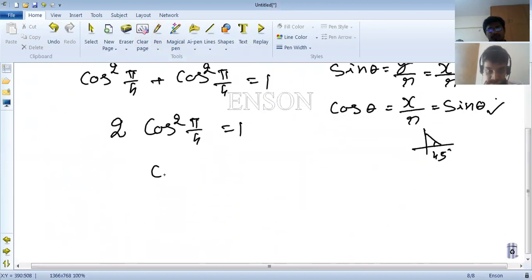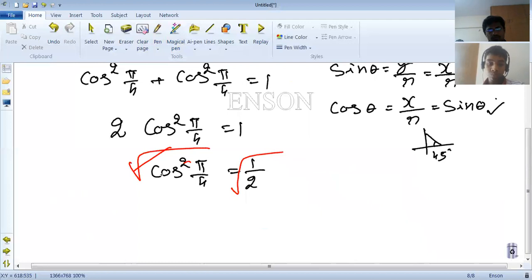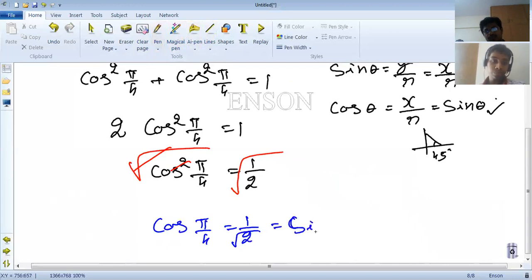Divide both sides by 2, you will get cos square pi by 4 is equal to 1 by 2. Apply the root on both sides so that you can remove the square. Square and root will get cancelled. Now cos pi by 4 value will become 1 by root 2, which will be sine pi by 4 also.